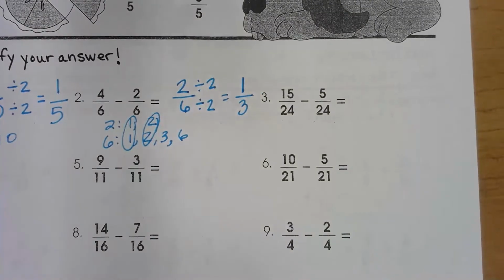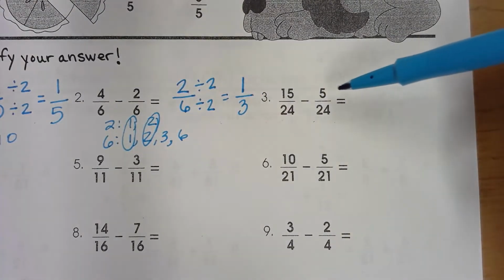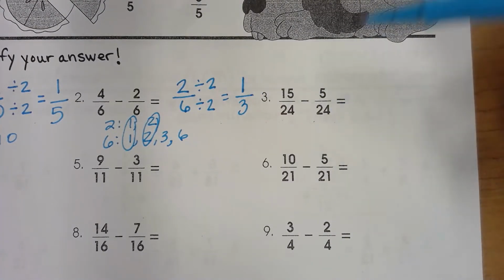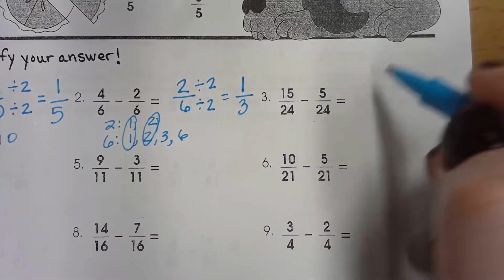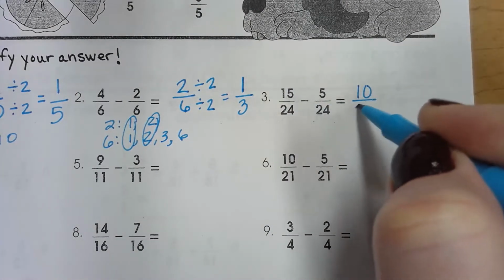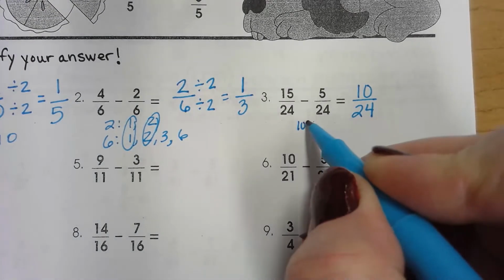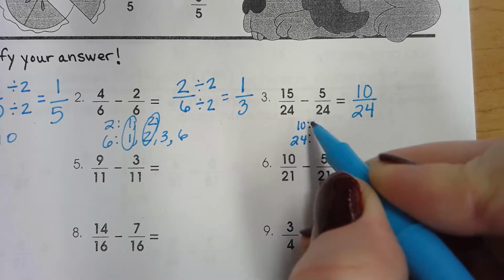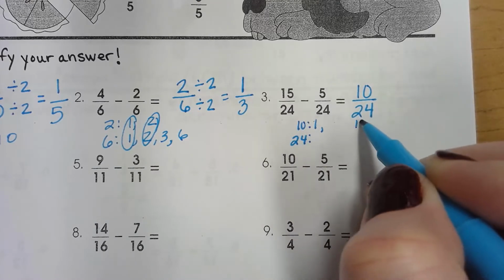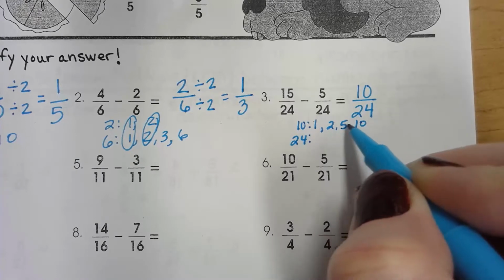Let's look at number 3. 15/24 minus 5/24. 15 minus 5 is 10, and my denominator stays 24. Now I have to find the common factor between a 10 and a 24. So my factors of 10: 1 times 10, 2 times 5.